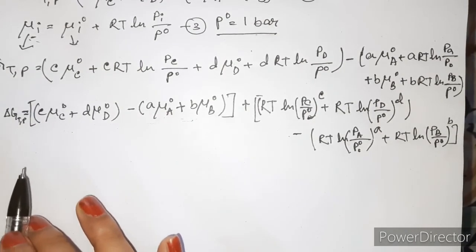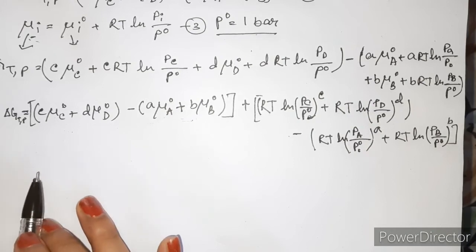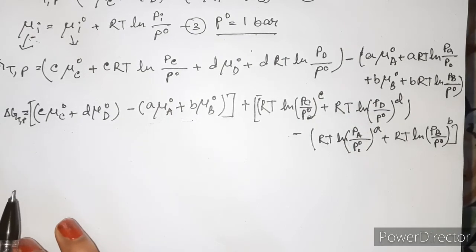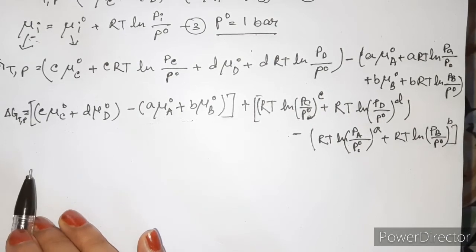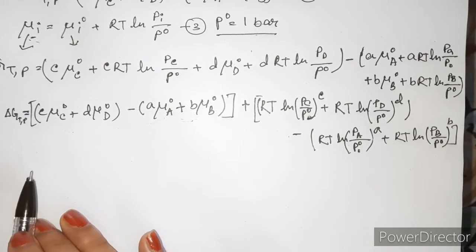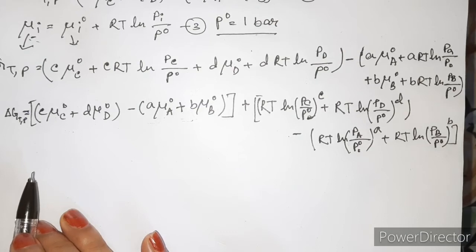This is actually the standard Gibbs free energy, that is del G 0, the chemical potential difference between the reactant and product in the pure form.